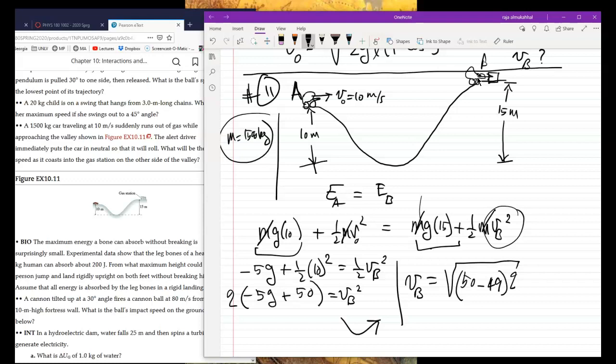So in this case, this gives me the square root of 2, and that will be, what is it? What's the square root of 2? 1.414, yes. 1.414 meters per second. And there we go. I have the velocity of the car. Got it? Okay.